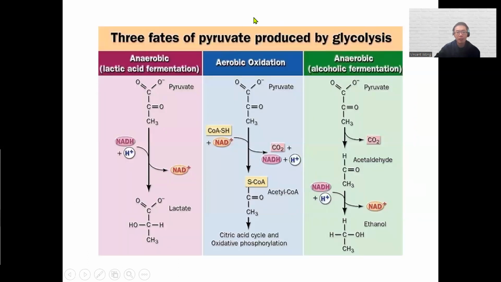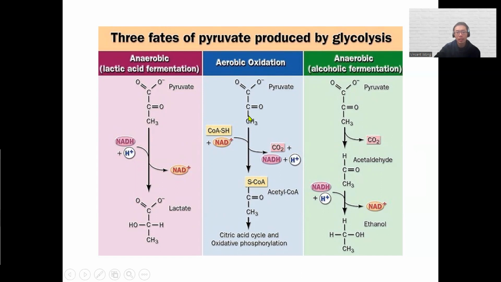So the fate of pyruvate, where does it go? Generally, for us, when we have oxygen, and normally we do, okay, we're breathing just fine, then it's gonna do aerobic oxidation. That means in the presence of oxygen.